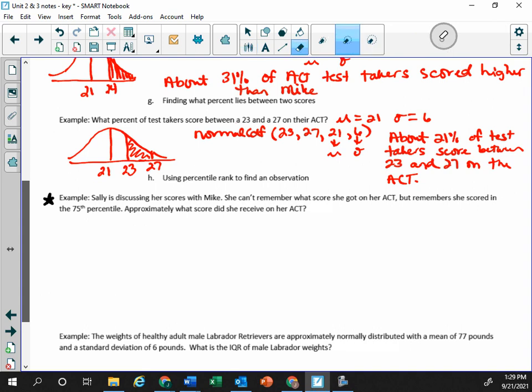Literally part H. Was the percentile? I have started on a test. It's the stuff we were doing last time. You're trying to find like the calculator, I don't know if you remember looking at that. Give me just a second.